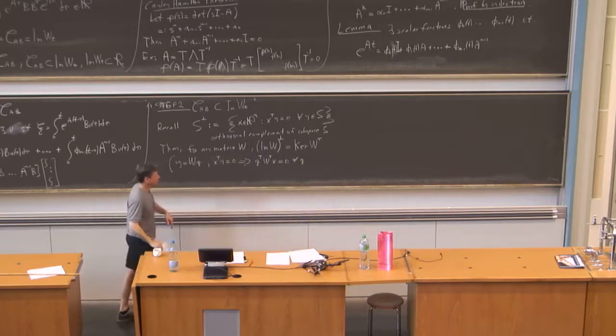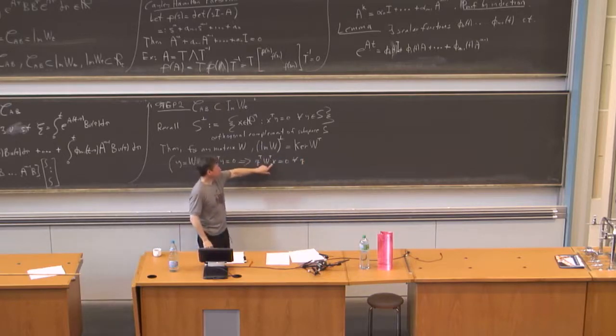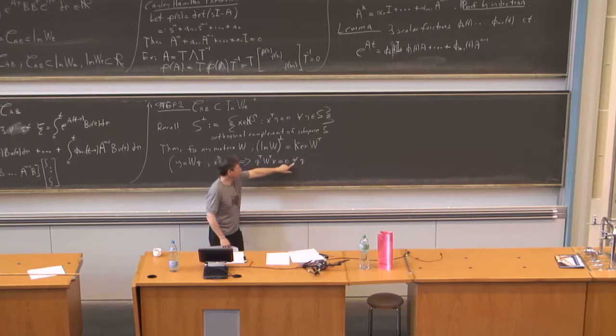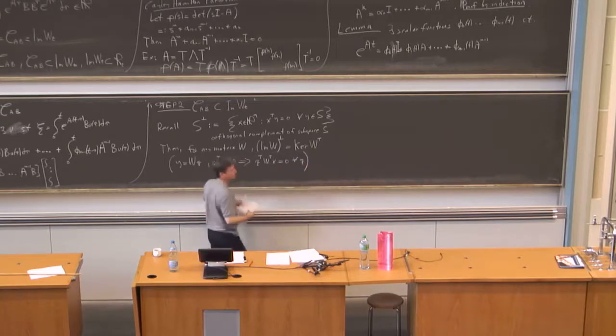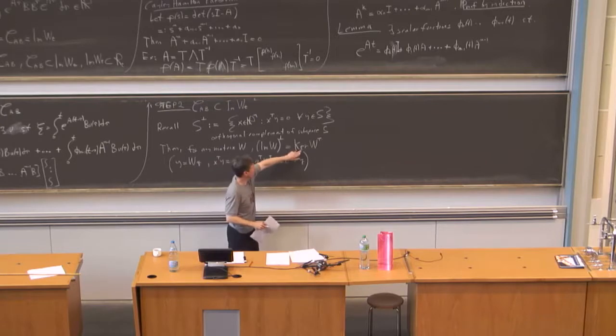And the only way that Q transpose W transpose x can be 0 for all possible Q's is if W transpose x is equal to 0, okay? Because Q has to be everything in the whole space. So that's the basic observation, but it's quite straightforward to see this directly.